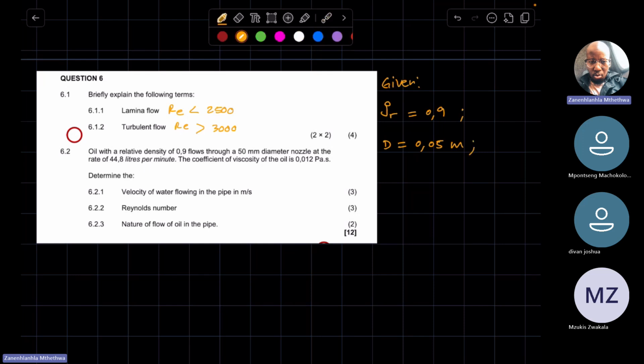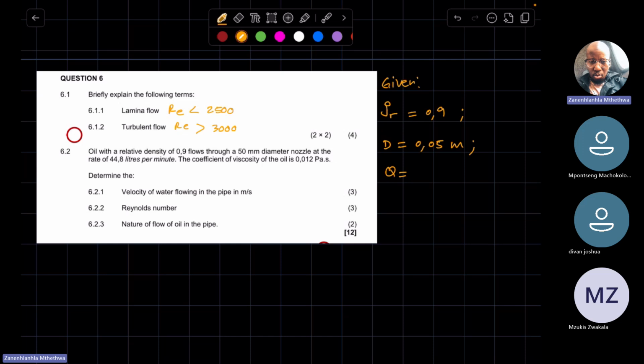We have the flow rate. So we have Q. Q here is 44.8 liters per minute. Now the standard unit of measurement of a discharge or flow rate is cubic meters per second. So you have to convert this Q from liters per minute to cubic meters per second. You don't necessarily have to do this here.